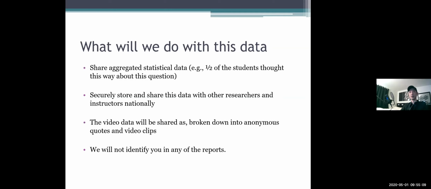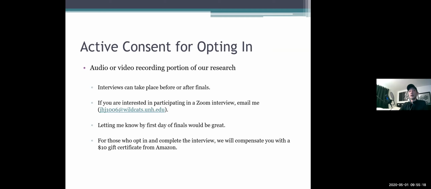And none of your name, identifiable data, student ID number, none of that will be saved alongside it. It'll just be what your answers are. And because it's a recorded interview, you have to opt in. I have to ask for your consent. It's normally there to protect the interviewee from any harm, but nothing like that's going to happen here.